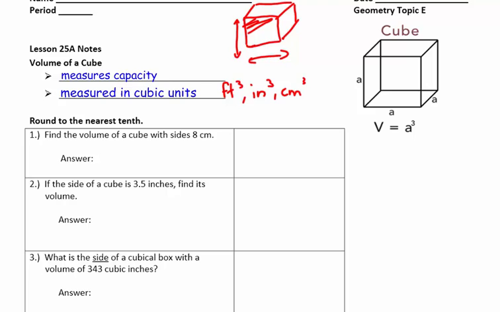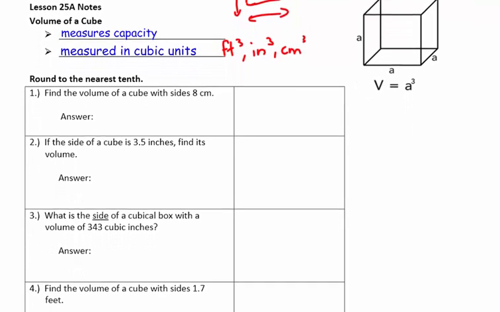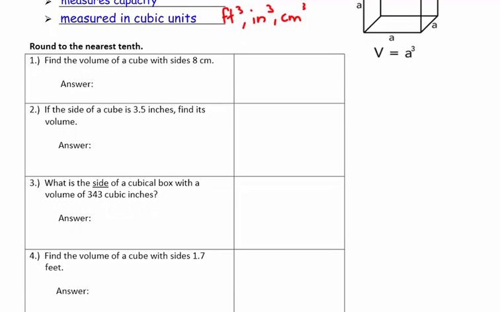For a cube, all the sides are the same. It's length times width times height, but they're all the same, so it's s cubed for a cube. So number 1, find the volume of a cube with sides 8 centimeters. V equals 1 side cubed. So I would take that number, 8, plug it in.